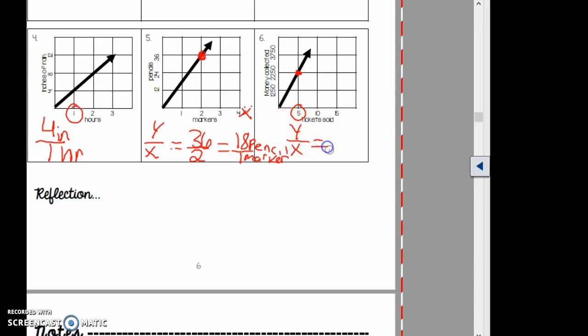Which one is our x? Which one is our y? Good. 5 is at the bottom. It looks like $22.50, and I believe there's a decimal there. And I'm going to divide it for you. It is 22.5 divided by 5. Should be 4.5 over 1.